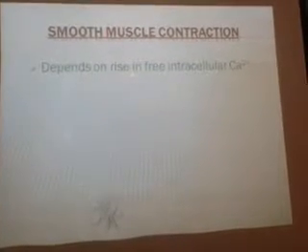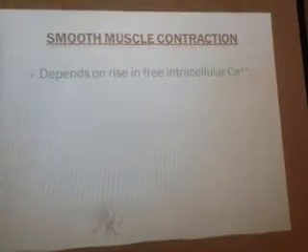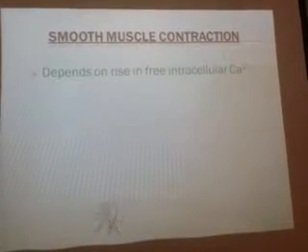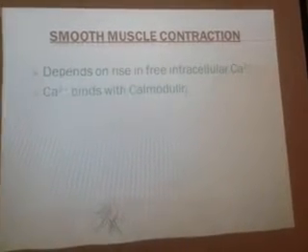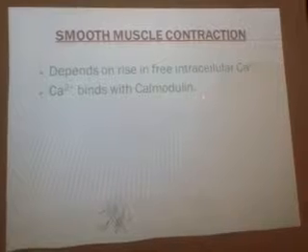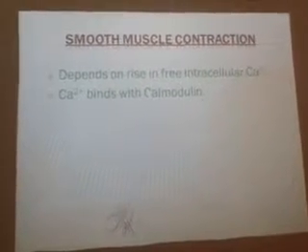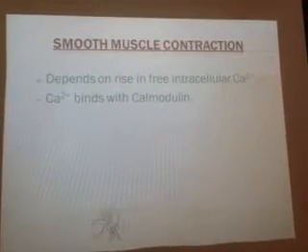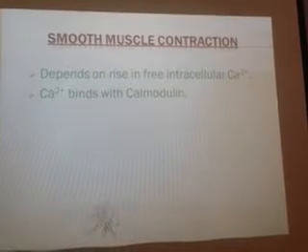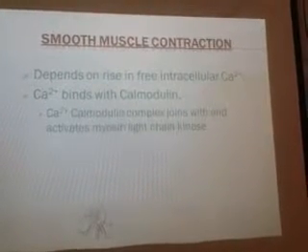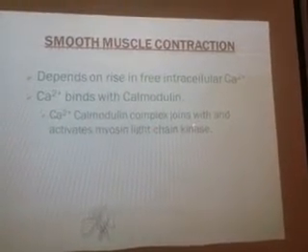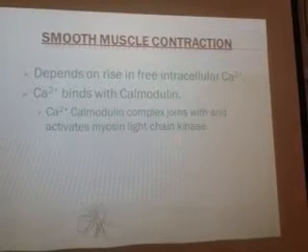Contraction depends on a rise in free intracellular calcium. Calcium binds to another protein called calmodulin, whereas in skeletal muscle it is troponin. The calcium-calmodulin complex activates myosin light chain kinase.